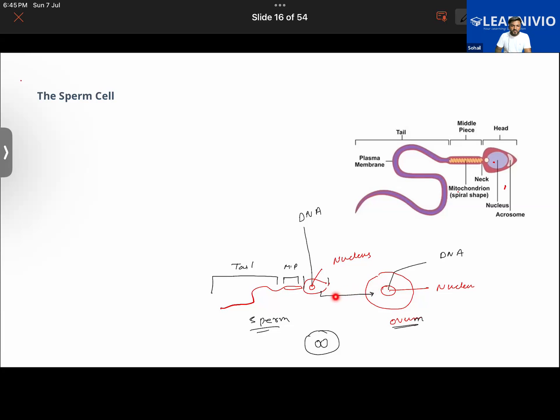Next, the nucleus of the sperm cell and the ovum will fuse together. More specifically, the DNA of the two combines to form a new individual. The DNA of the sperm cell will combine with the DNA of the ovum. Got this so far or not?